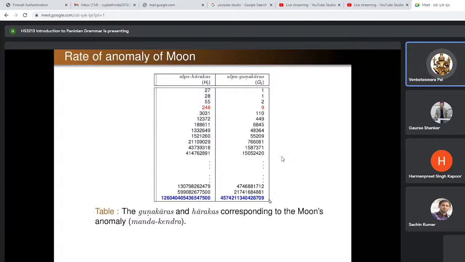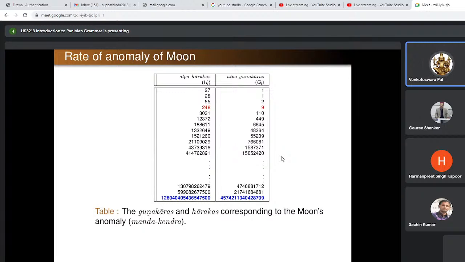There are two numbers colored in blue. In the first column, it gives the number of days, and in the second column it gives the number of revolutions. So the moon's anomaly takes these many revolutions in these many days. And if you do the Valupasamhara, you will get the successive approximations, which means you have 1 by 27, or 2 by 55, or 9 by 248.